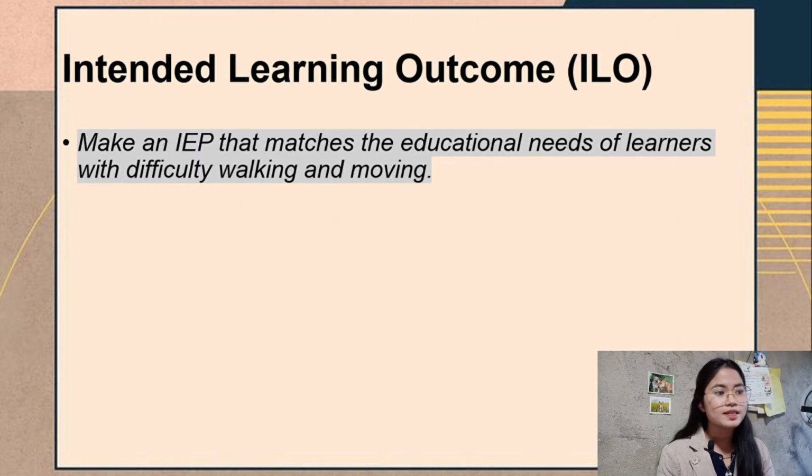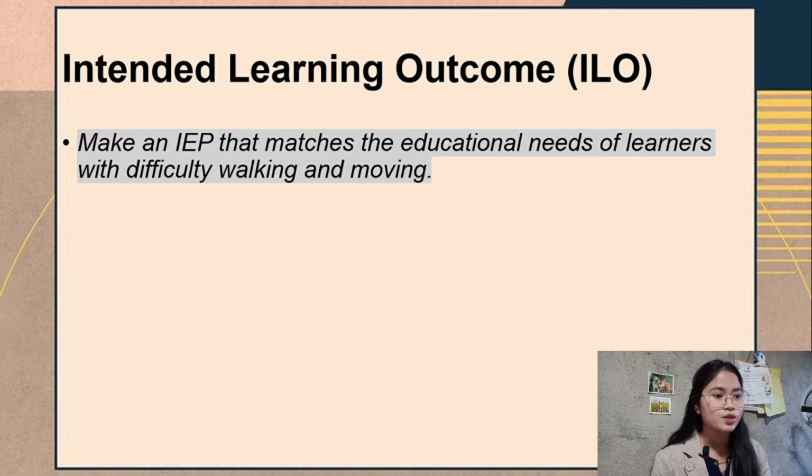But before we discuss the main topic for today, let us first define the acronym IEP, which is one of the most important tools in this course, special education. So, what is IEP? IEP stands for Individualized Education Program, which is made and designed by the teachers together with the parents and the learners through a thorough discussion.